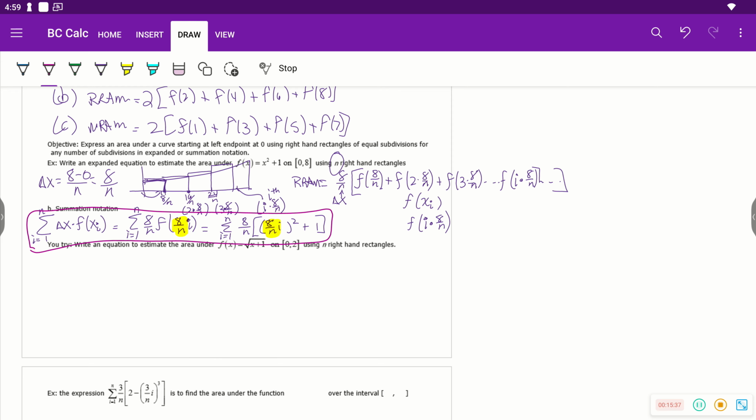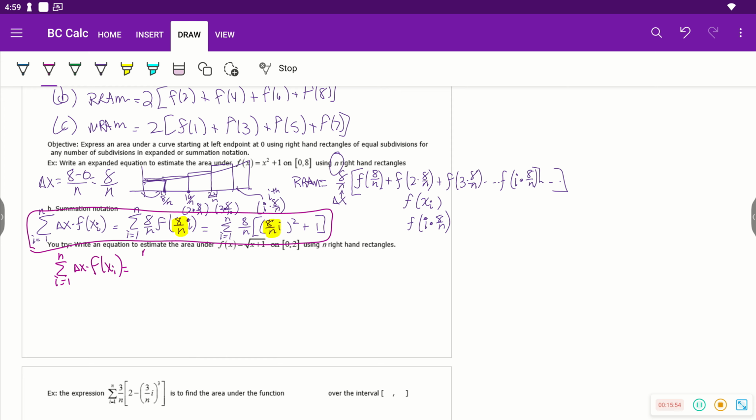Okay, so if you start here, this, like I said, is pretty much the universal, assuming you're using right-hand rectangles. And yet I do want you to write it. It's just good calculus, and that's where the fundamental theorem is eventually going to flow from.